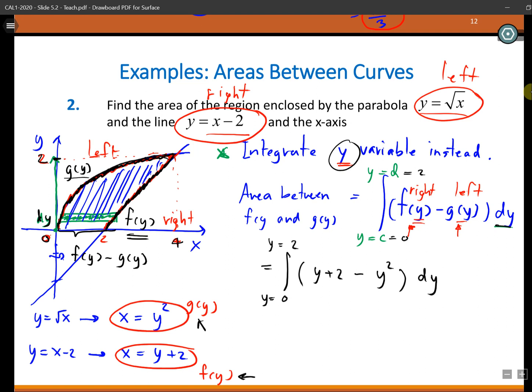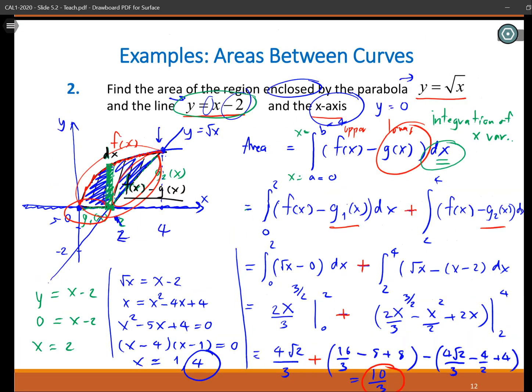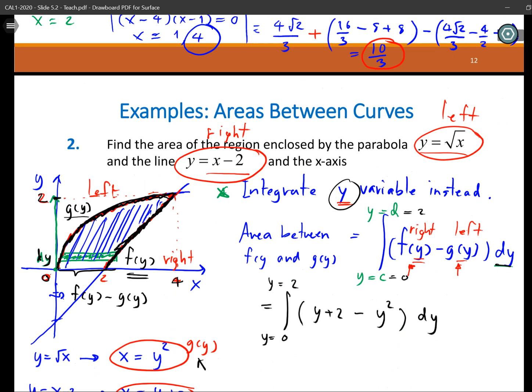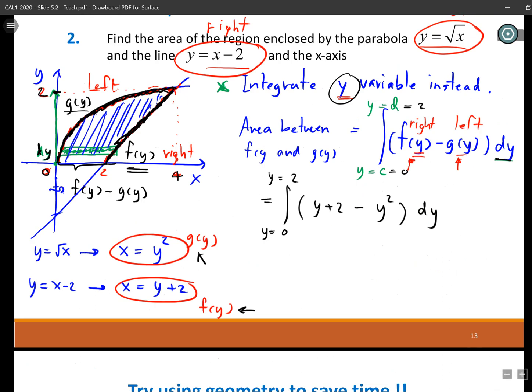Which means that we don't have to split the integration. Before, the lower function was this in the first part and that in the second part, with the upper function all the way the same. But in this case, we don't have to worry about that because one line is always on the right and one line is always on the left. So we don't have to worry about splitting anything here. We just continue with this integration.